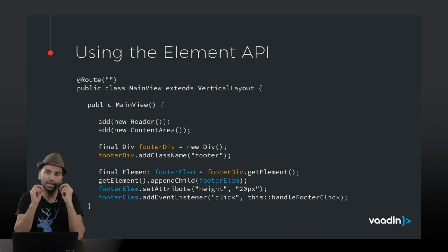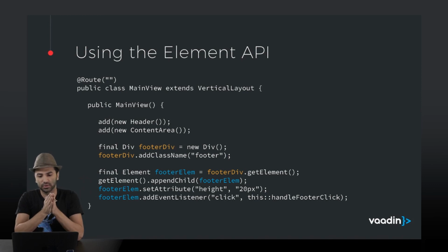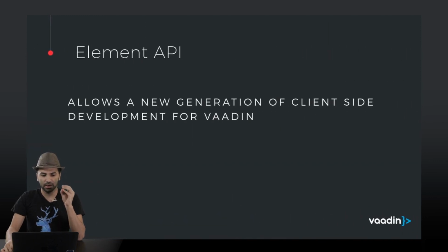I can set any attribute, because it's a string, so I can put anything. I also can add an event listener, for example, and so on. So this is a very low-level way of dealing with the API, and it allows a new generation of client-side development for Vaadin in a very easy and straightforward way.